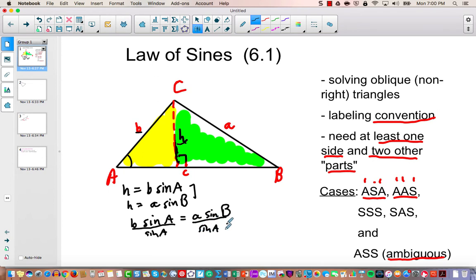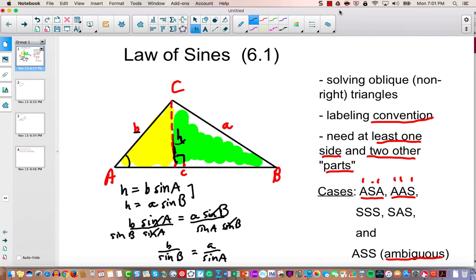And when I divide this side by sine B, it's going to cancel out, and it's going to appear over here. So the final result is that b over the sine of capital B equals little a over the sine of capital A. And this result is known as the law of sines.